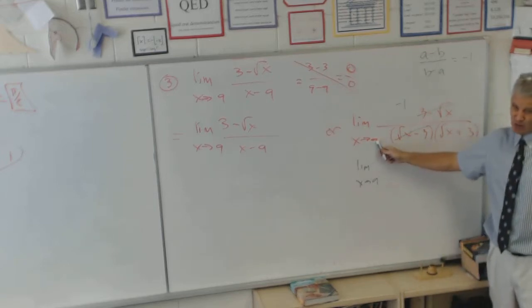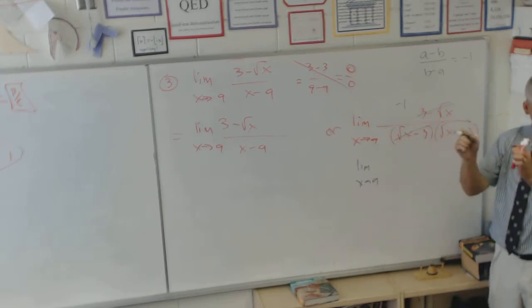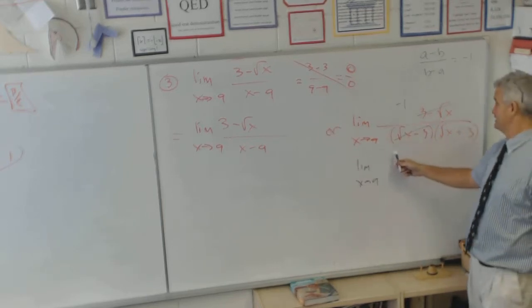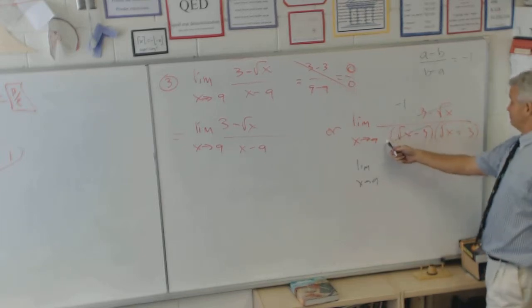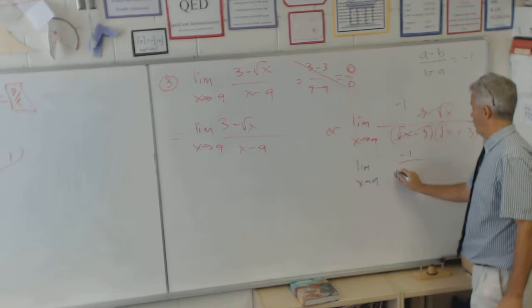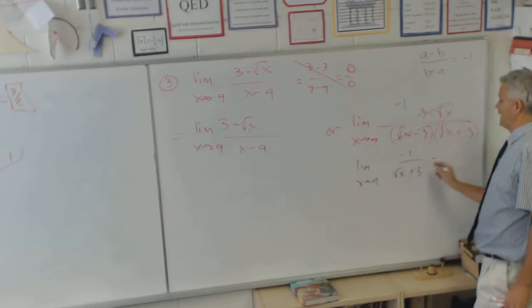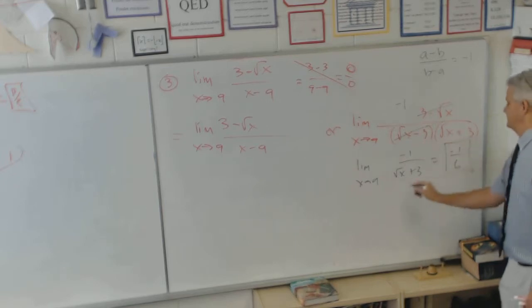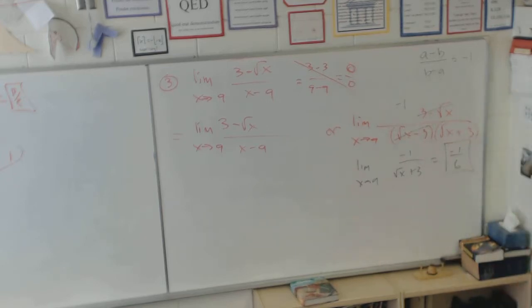This problem doesn't care what's happening at 9. It cares when we approach 9. If we're close to 9, it matters. And when we don't have 9 itself, we actually have the same thing as -1 over the square root of x plus 3. And now we plug in the 9 and we get -1/6. The answer is -1/6.